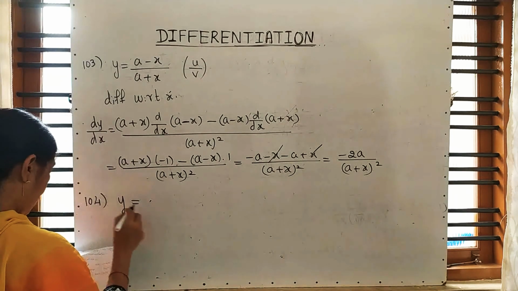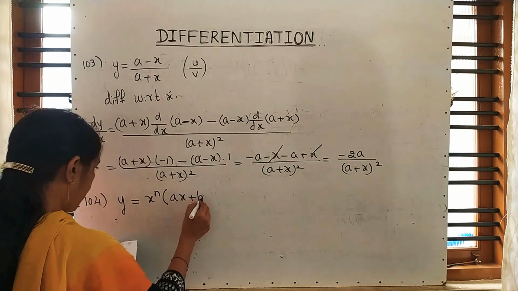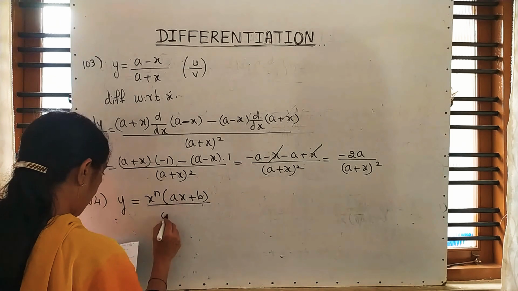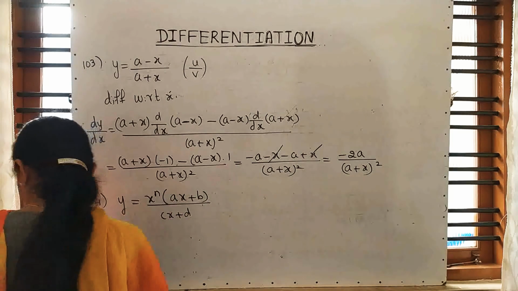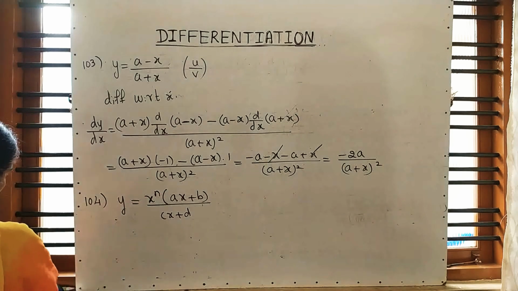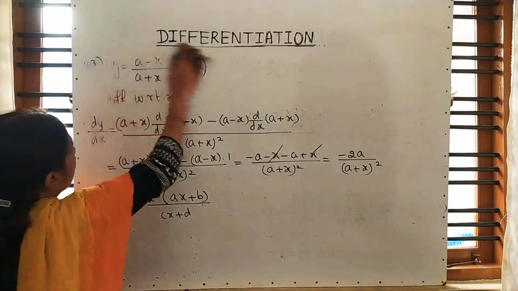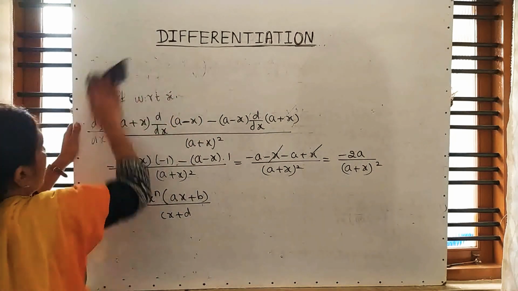y is equal to, next question, x to the power n, ax plus b divided by cx plus d. See, when you see the question, first in your mind you are getting u by v method, u by v formula. So apply that u by v formula.